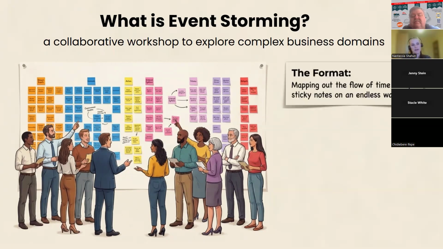The idea is to bring the main experts and developers together to visualize workflows, identify key bottlenecks, and align on a shared understanding, usually in a rapid, chaotic-to-structured process.